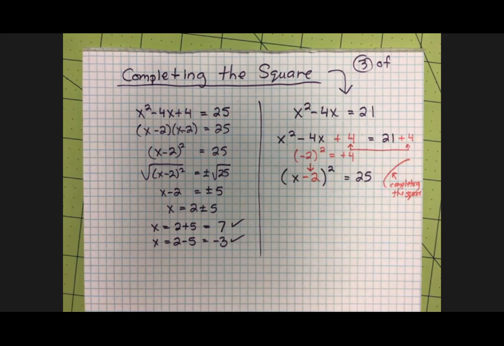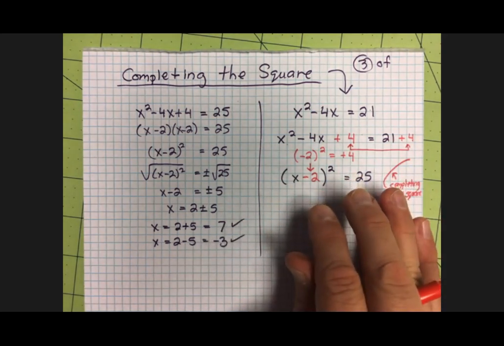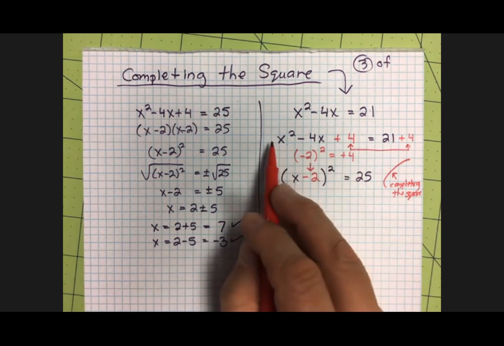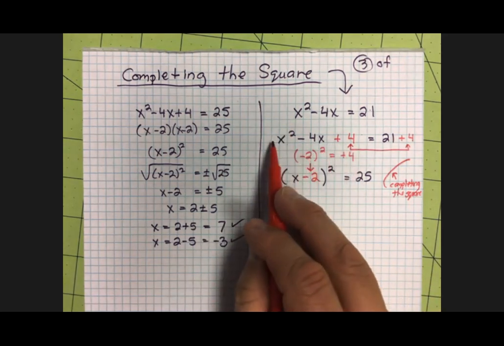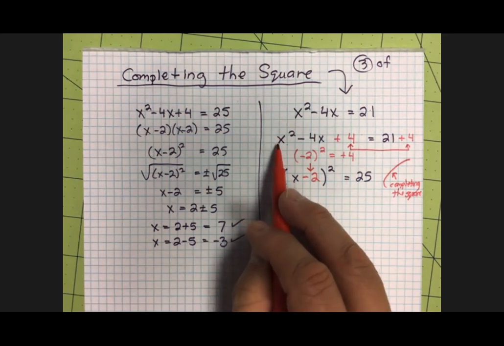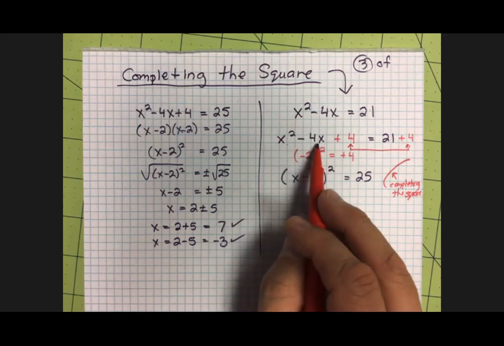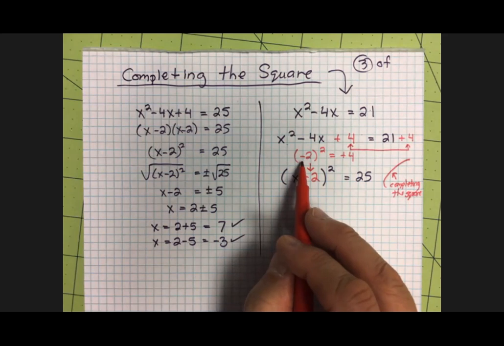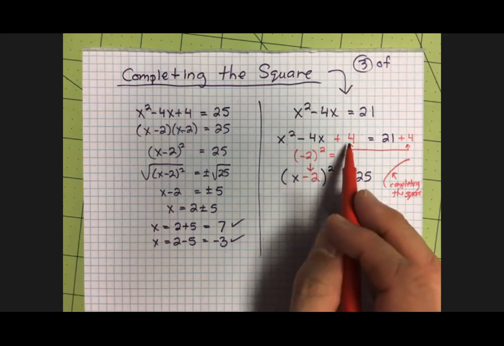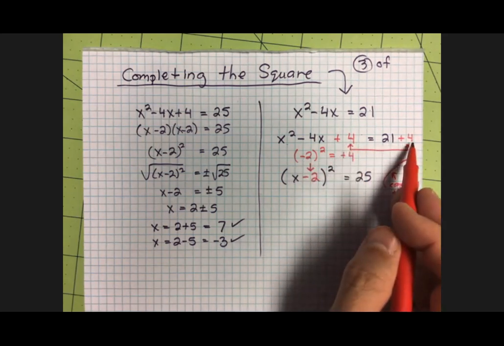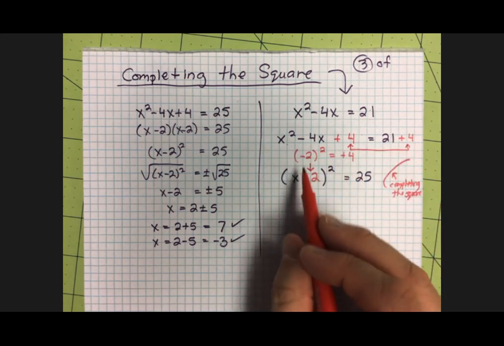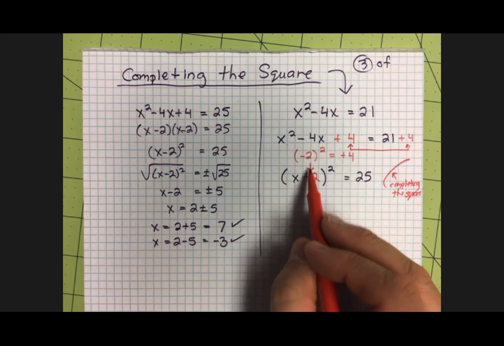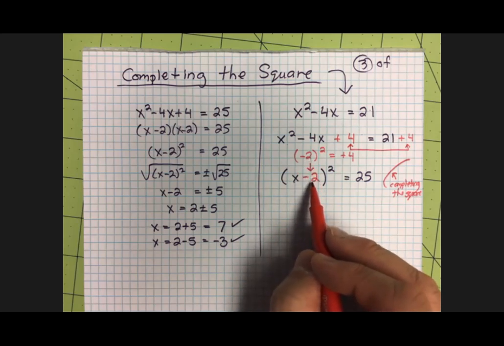Now, it always works like this, except before you play the game, you have to make sure the number in front of the x squared is 1. You always take half the number in front of the x with the sign, square it, add it to both sides, and then the left-hand side will become a perfect square just with that number. Just drop that number straight down.